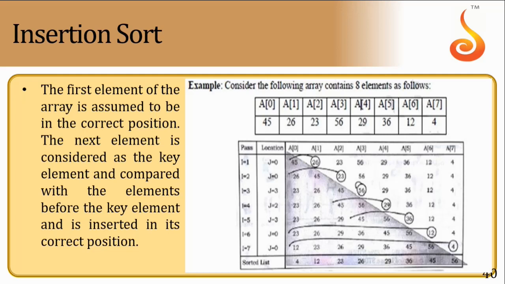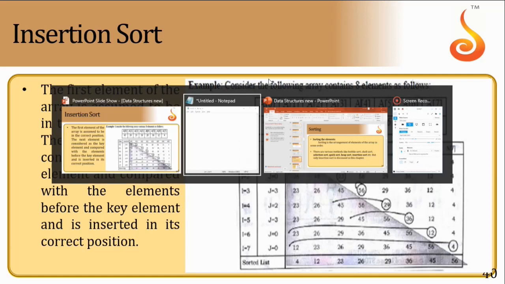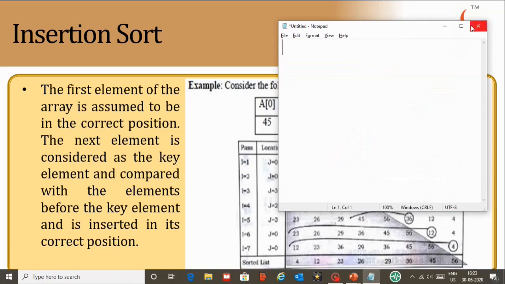I will retain the same question. So consider the following array of 8 elements. Please make a note of this question, or I will be writing it. You can have a look. So let me write my array. What is my array?